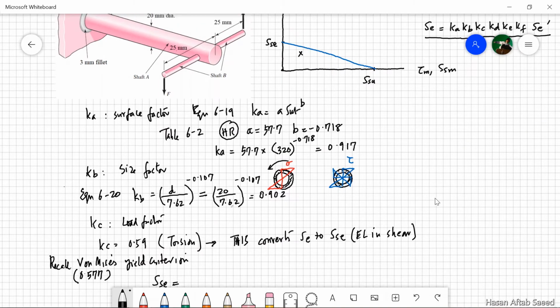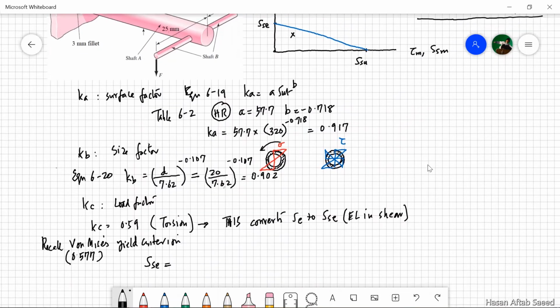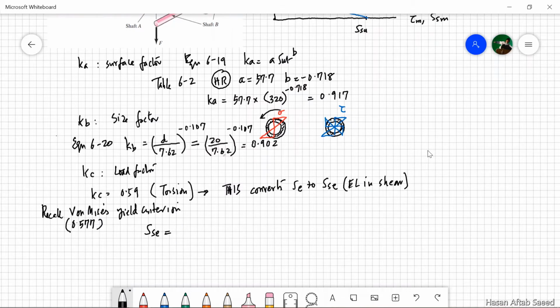Now, when we use Kc equal to 0.59, then Se becomes Sse. So I'm just writing Sse here: 0.917, this is the first Ka, into 0.902 into 0.59. The rest are just 1, and Se we had calculated was 160. So this becomes 78.08 megapascals. Now this is basically the Sse value that we are going to plot on this diagram.